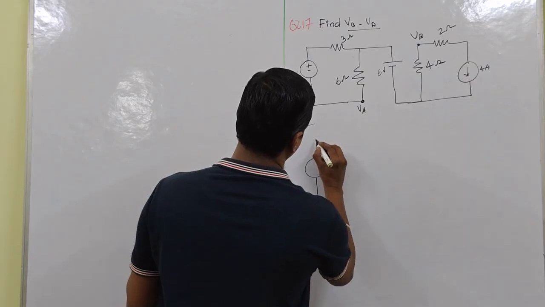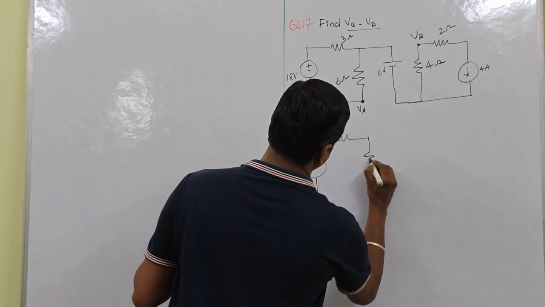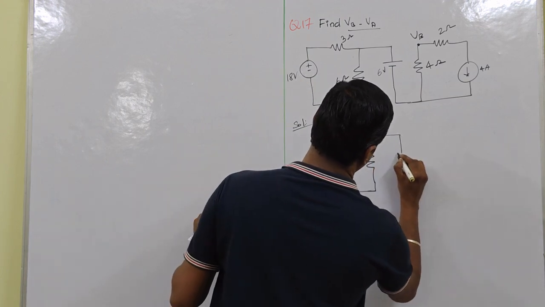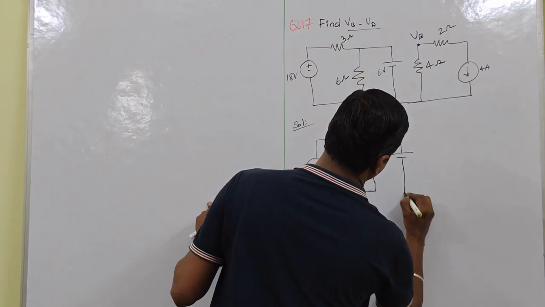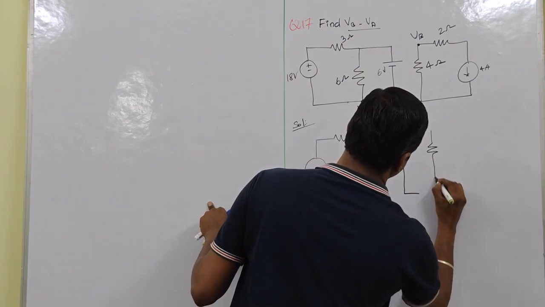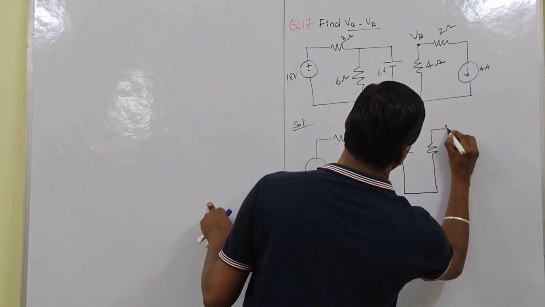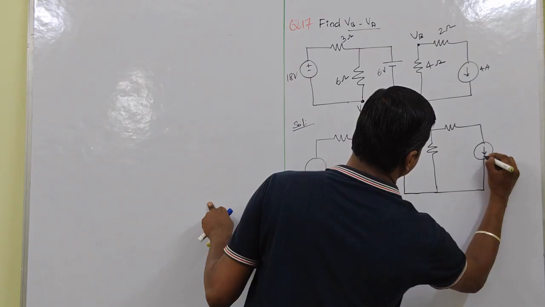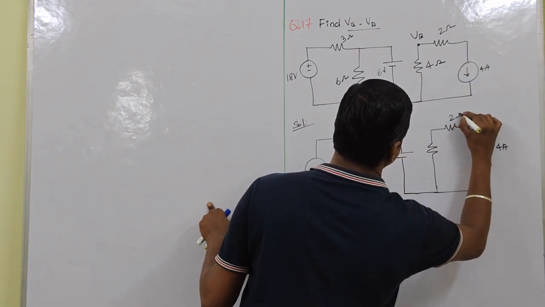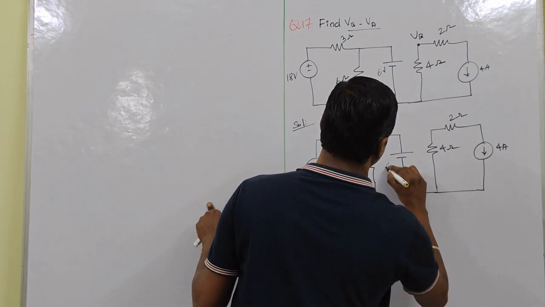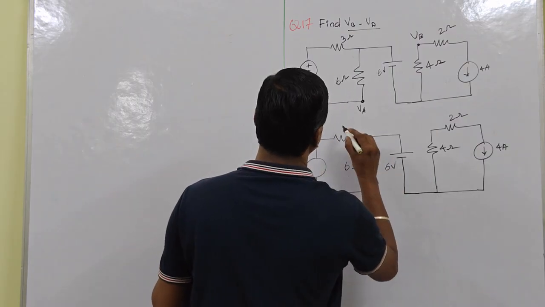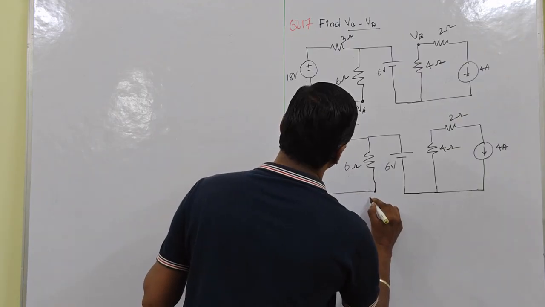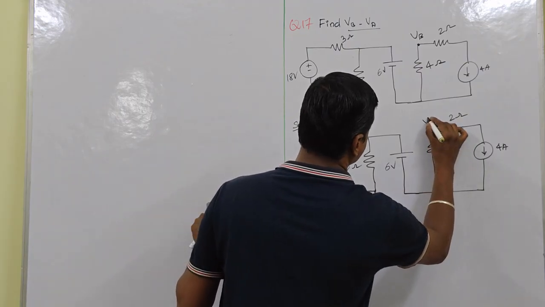Why do we redraw? When you study, you should know the difference between what values were given in the problem and what values we have found. So without disturbing the problem, you have to draw the circuit. Then you know what parameters were given and what parameters you have to find out. What is given is 4 amps, 2 ohm, 4 ohm, that will be 6 amps and this will be 6 ohm, 3 ohm and plus minus 18 volt, then this will be VA and this will be VB.